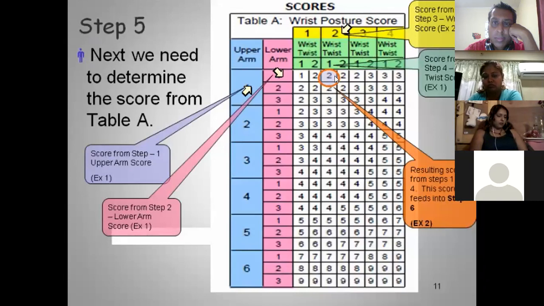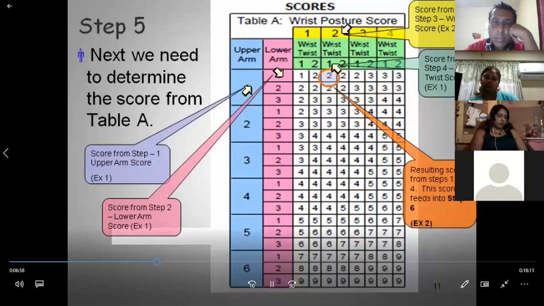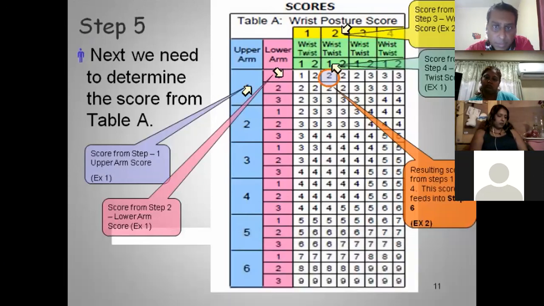Step 4 was our wrist twist score. Where all these points come together, our final score for our upper arm, lower arm, wrist, and wrist twist is a 2. We'll save this because we need to enter it into the next part of the form.